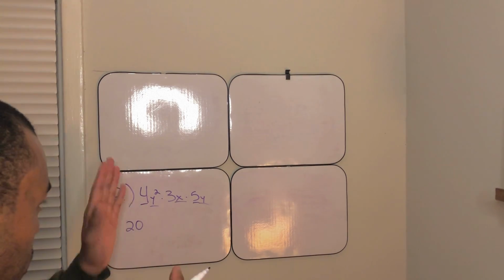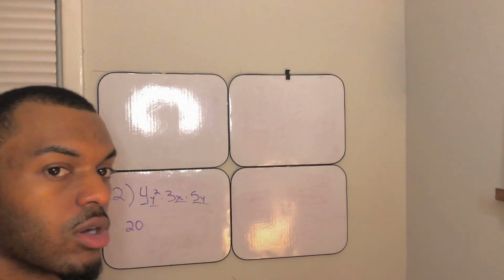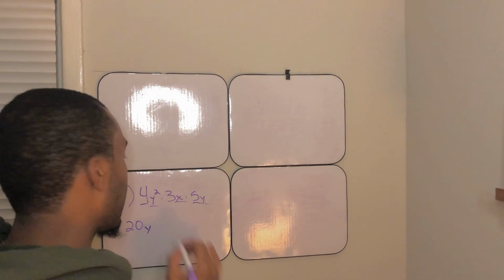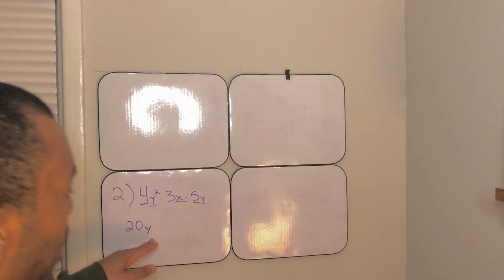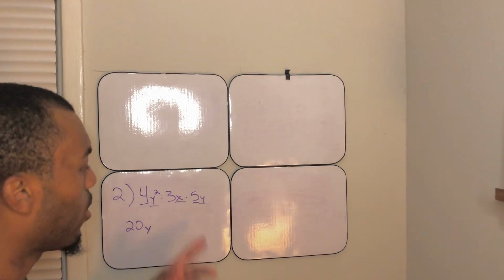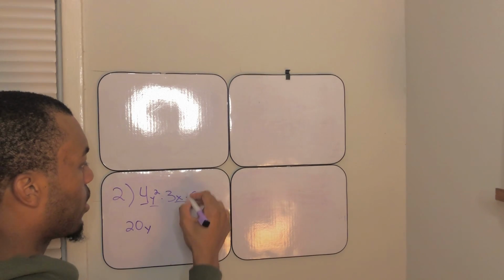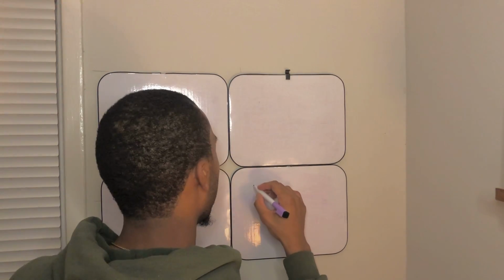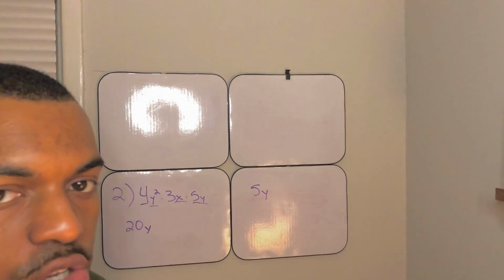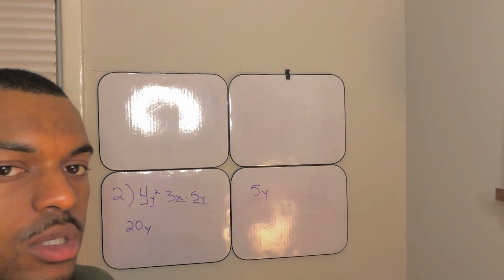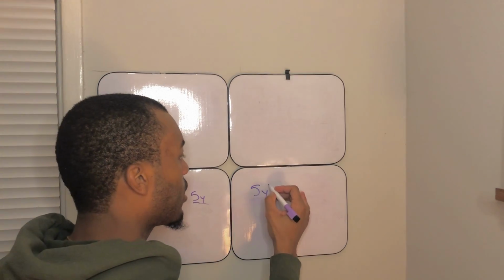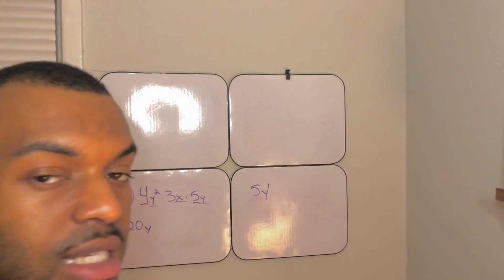Now that we took care of them, we focus on the letter. The letter y is not going to change, so we just put that right next to the 20. I want to emphasize something real quick about this 5y. Some letters look like they don't have exponents, but any letter that doesn't have an exponent has an exponent of 1.